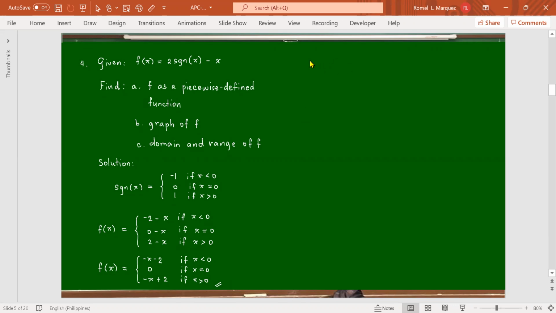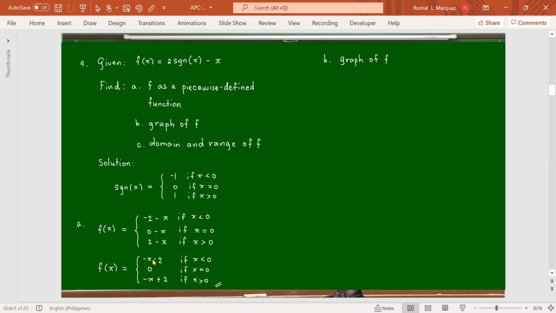What about the graph of f? Letter B. So this was letter A, and letter B is the graph of f. The graph consists of one point, 0, 0, and two slant lines.